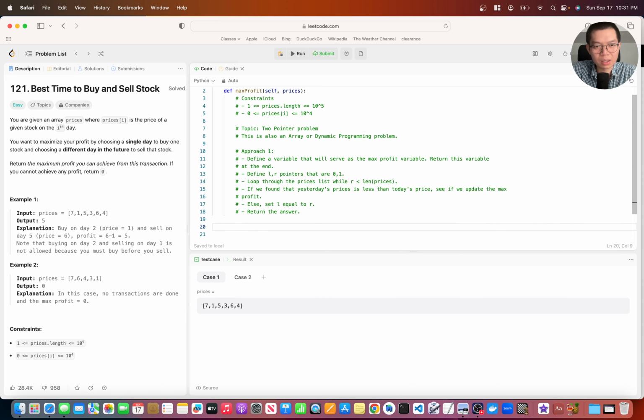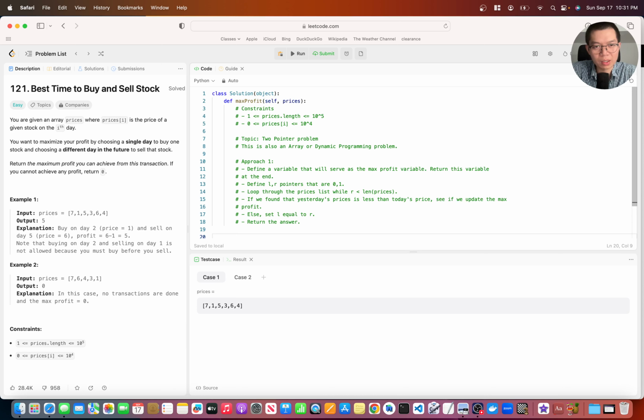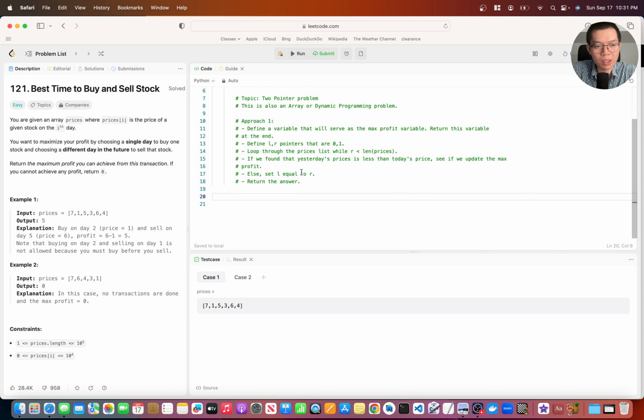Yeah, I think that's it. Let's try it. Let me just make sure of one thing. There's also the fact that prices.length could be equal to 1. If it's equal to 1, then you can't return anything. So let me do max profit equals 0.